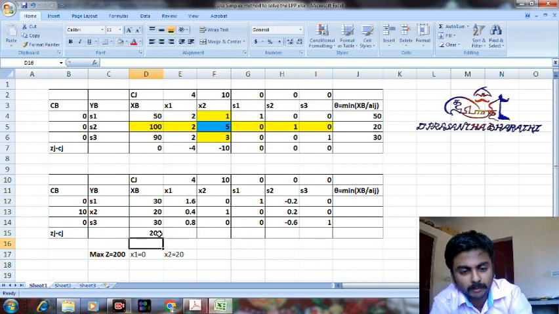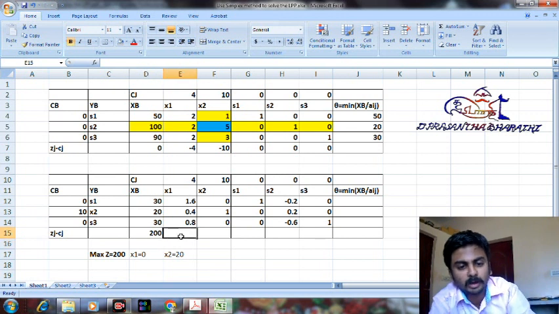So we will have 200. For the Aij table and Aij rows, we will have Zj minus Cj equal to the summation of CB Aij minus Cj. That is our formula.